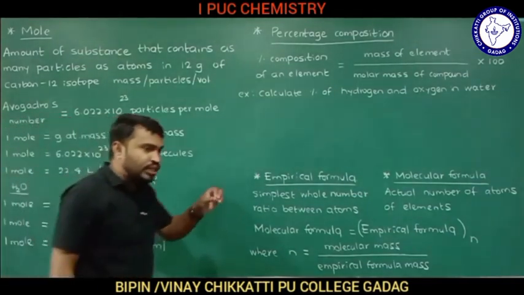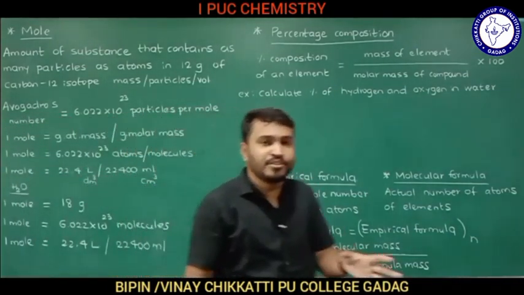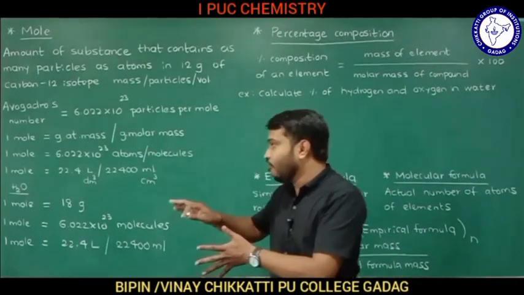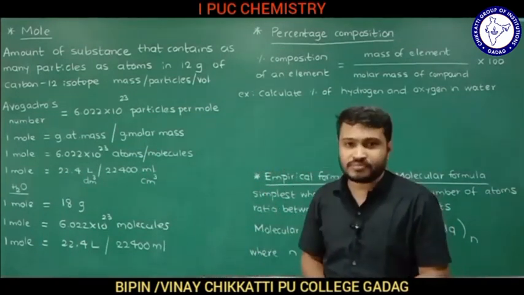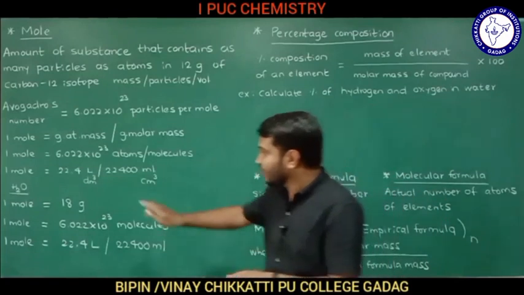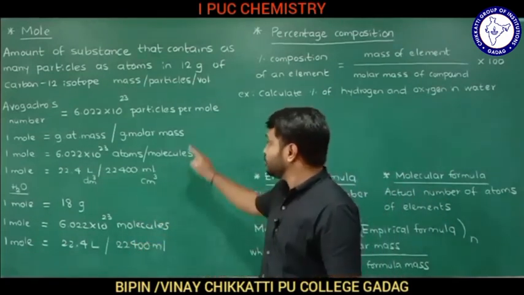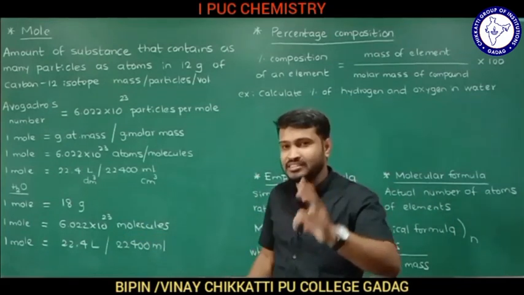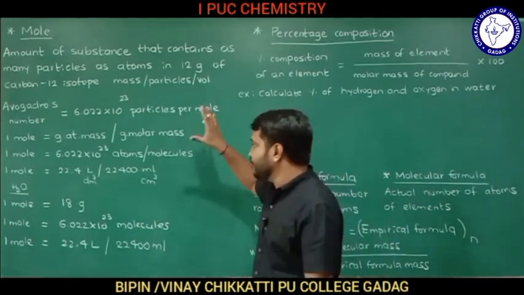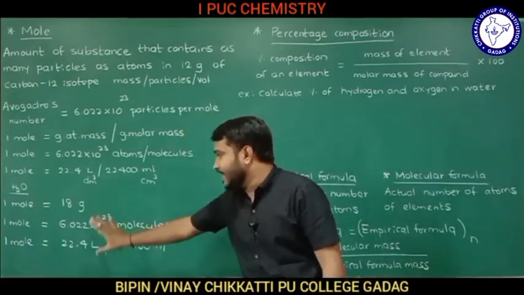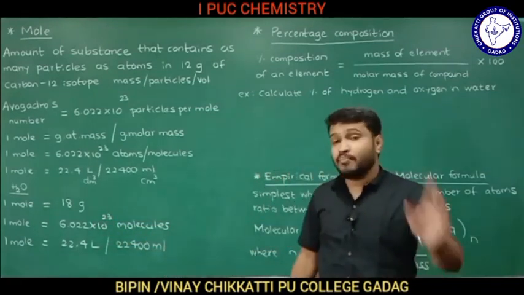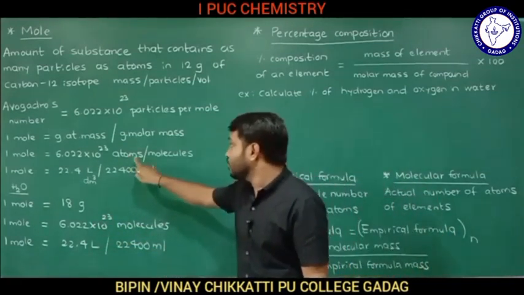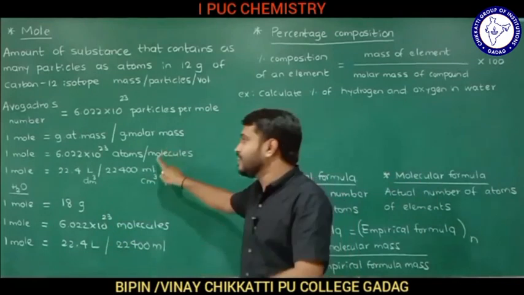This is how you are supposed to apply the same principle for any kind of atoms or molecules, and that's why we have to remember this. First we remember this in general, in terms of mass, in terms of particles, in terms of volume. If you know this, you can write any kind of example like that. But remember, the number of atoms or molecules, in general particles, will be fixed.